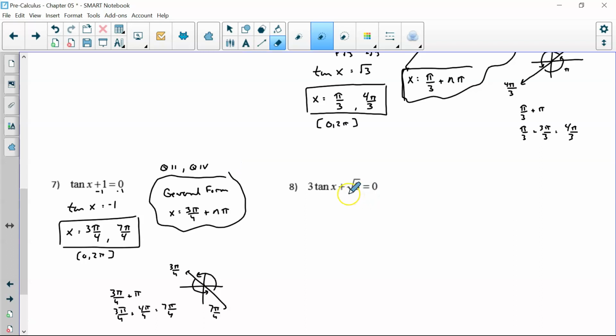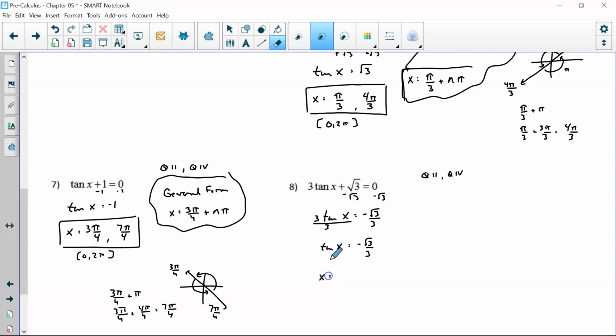And now for number 8, subtract root 3 from both sides. 3 tangent x equals negative root 3. Divide both sides by 3. The tangent of x equals negative root 3 over 3. Now, tangent is negative in quadrant 2 and quadrant 4.